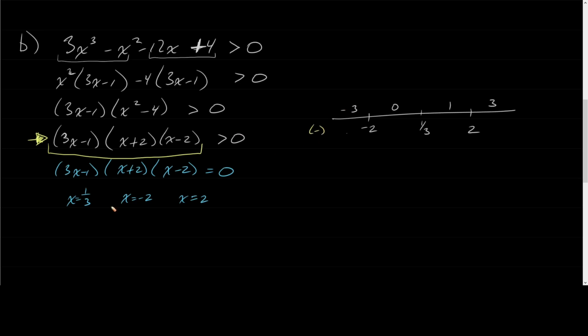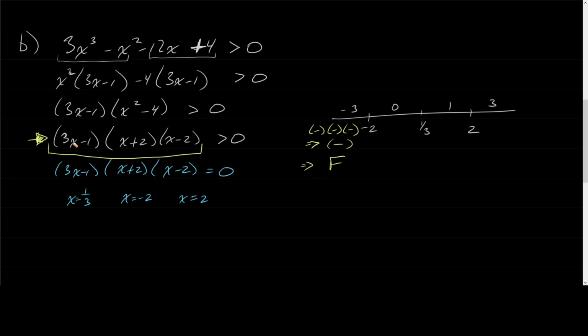That's negative. -3 plus 2, that's negative. -3 minus 2, that's negative. Overall here, I've got 3 negatives, meaning it's overall negative. Right? So, is a negative value greater than 0? No. So that tells us it's false in that region. So we don't care about that region.